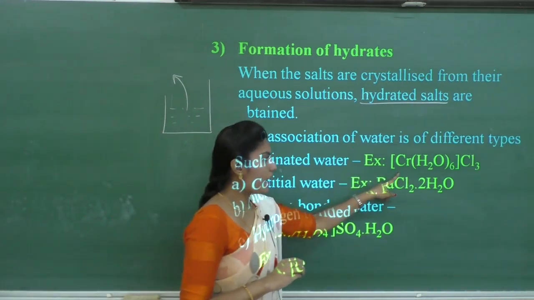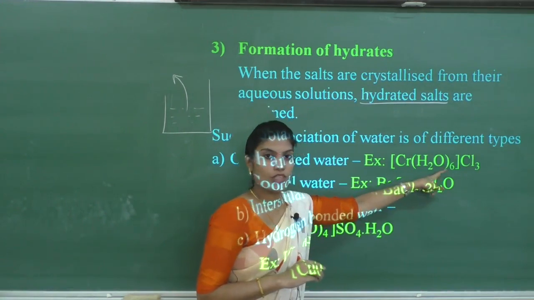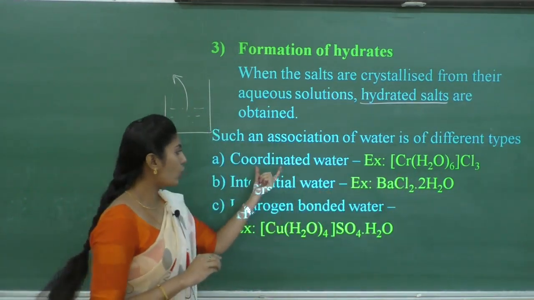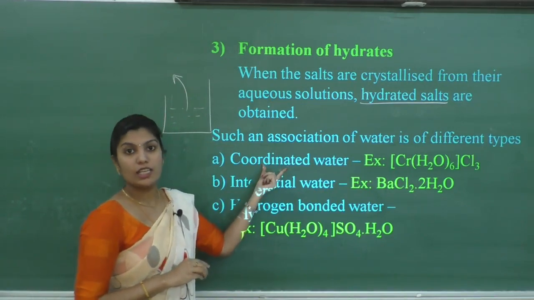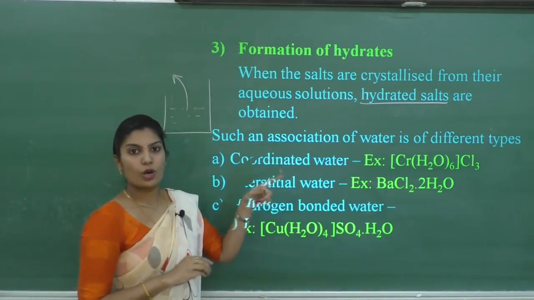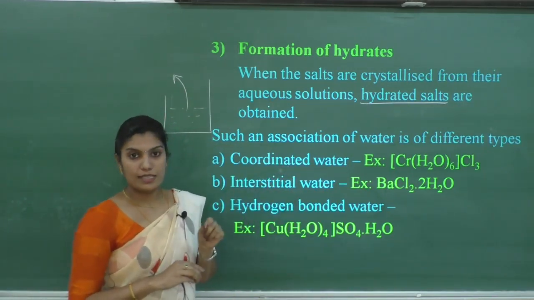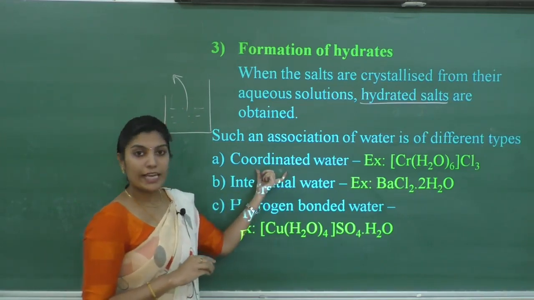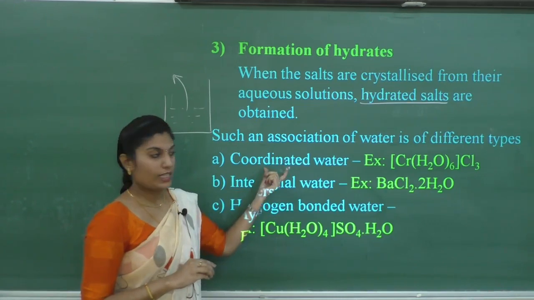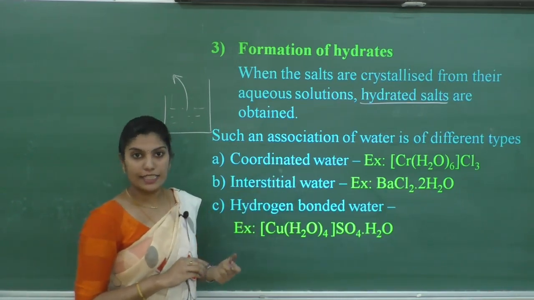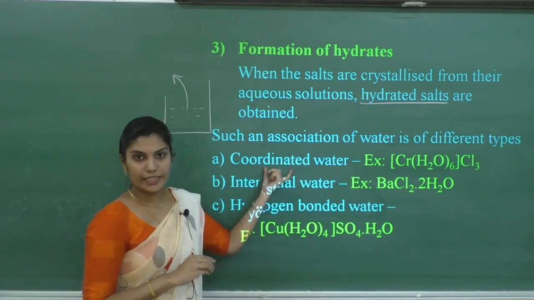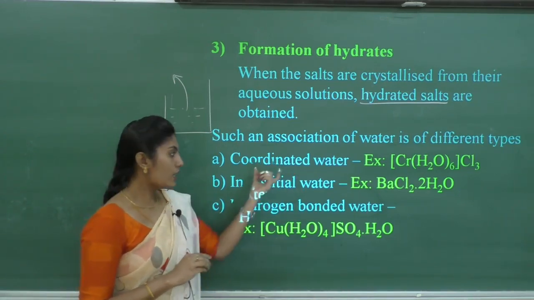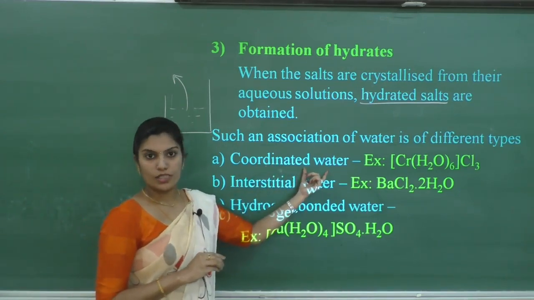In this example, 6 water molecules are bonded to chromium, the central metal atom, by a coordinate bond. Then we can say it is coordinated water. These hydrates are called coordinated water.